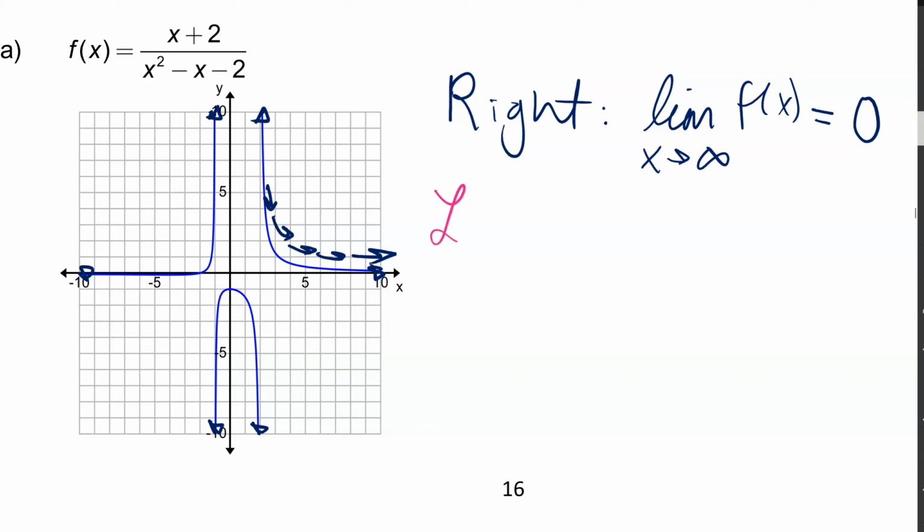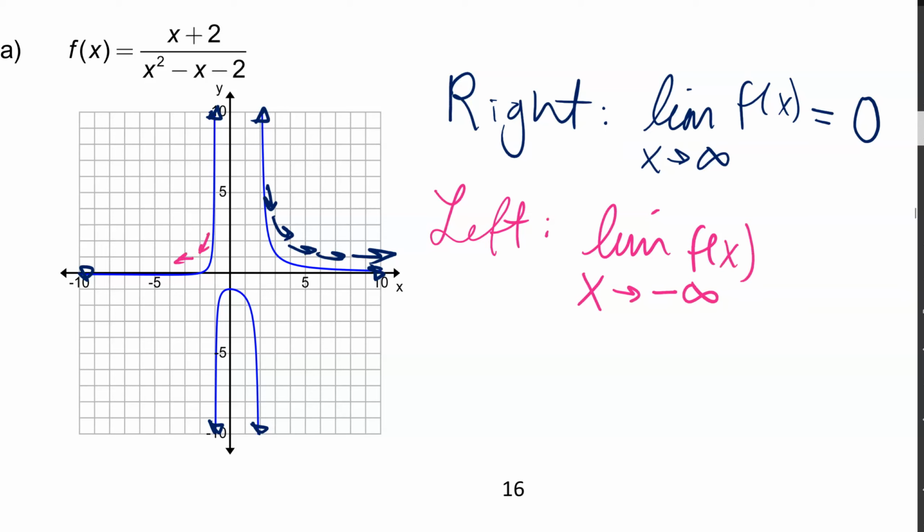Okay, now let's try the left. Maybe you don't write what the y would be. I did, 0. All right, limit of f of x as x goes to negative infinity. So I'm going further and further left with my x values. What's happening to my y? It's also going to 0.